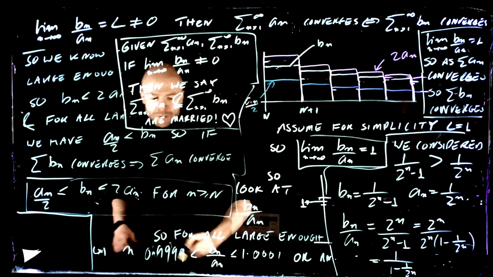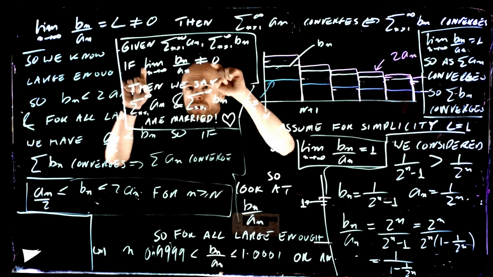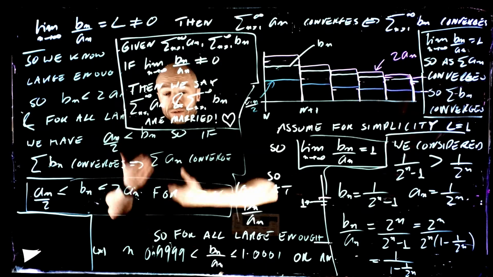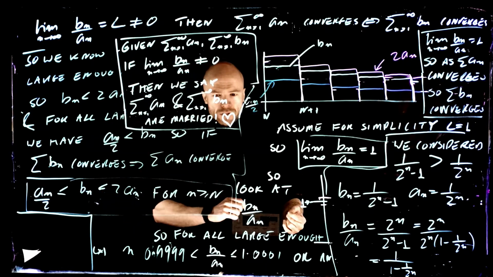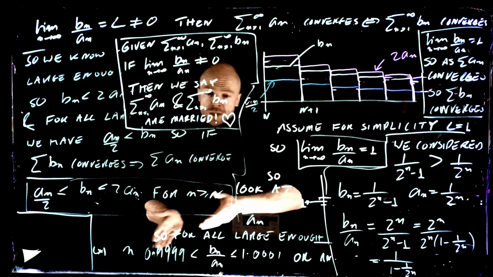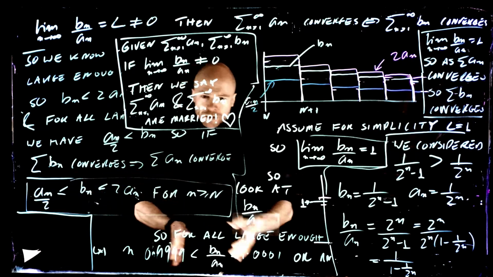They are married, because once we've married them by checking this, they'll either converge together or diverge together. Once you are married to another series, you either diverge together or converge together.